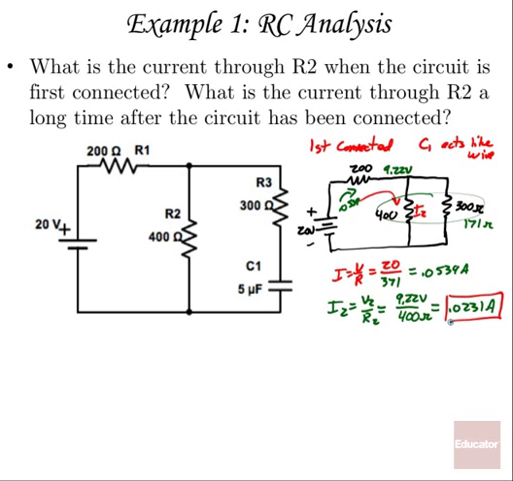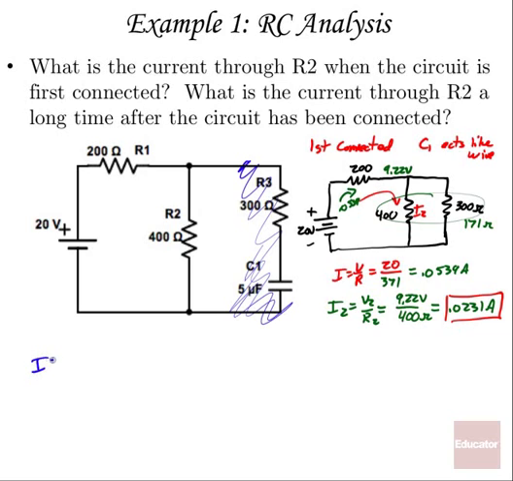How about after the circuit has been connected a long time? At that point, C1 is no longer acting like a wire, it's acting like an open. So let's analyze that down in this bottom left region. When that acts like an open, that means this whole branch has no current flowing through it. We can ignore all of that. That becomes a nice simple series circuit.